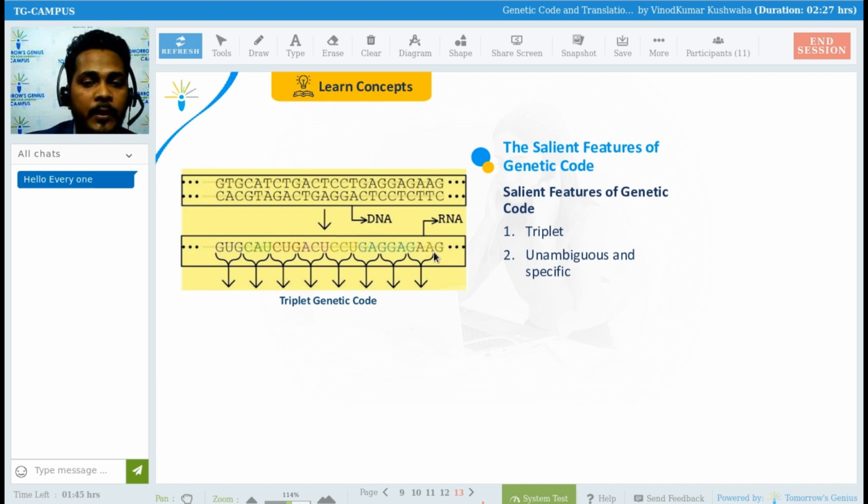That means there is no ambiguity, it is specific. So one codon is very specifically for one amino acid. There is no other amino acid for the same codon, right?